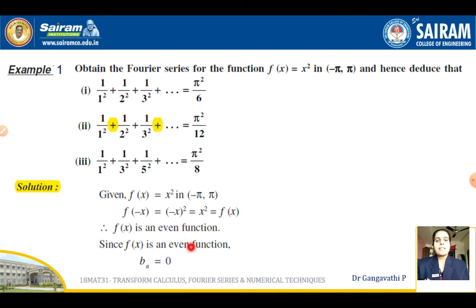So once f of x is an even function, out of the 3 Fourier coefficients a0, an and bn, straightaway we can conclude bn will become 0. Yes, it has been checked and proved also. You can also straight away write down that when a function is even, the Fourier coefficient bn results in 0, and you can write down the value of bn as 0.